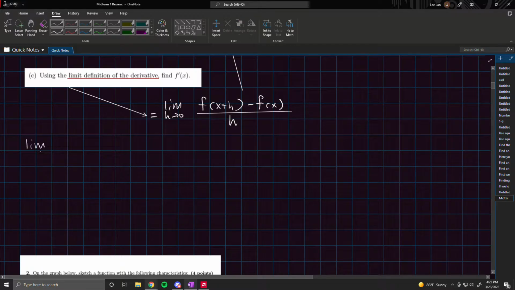Limit as h approaches 0. f of x is still root x, because this is still question 1. So what's f of x plus h? Every time I see an x, I plug in whatever's in the parentheses. So this will be root x plus h, and then minus function of x, which is right here, so minus root x. And the whole thing is over h.